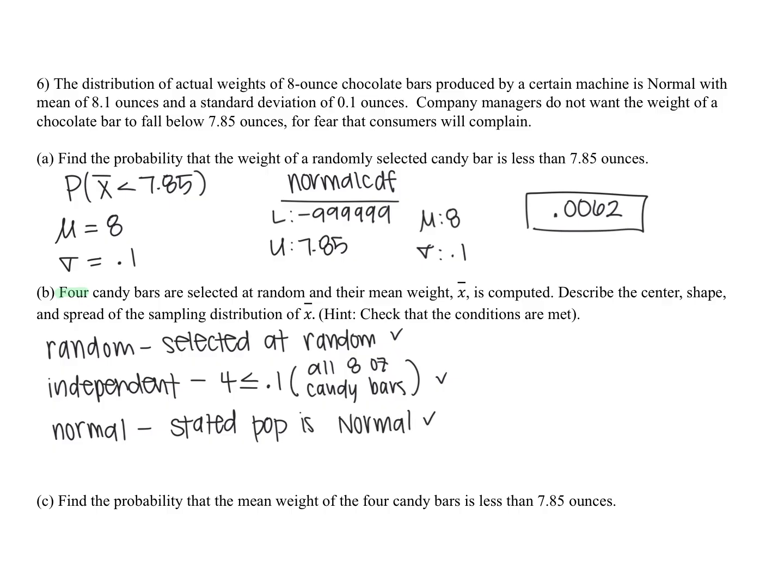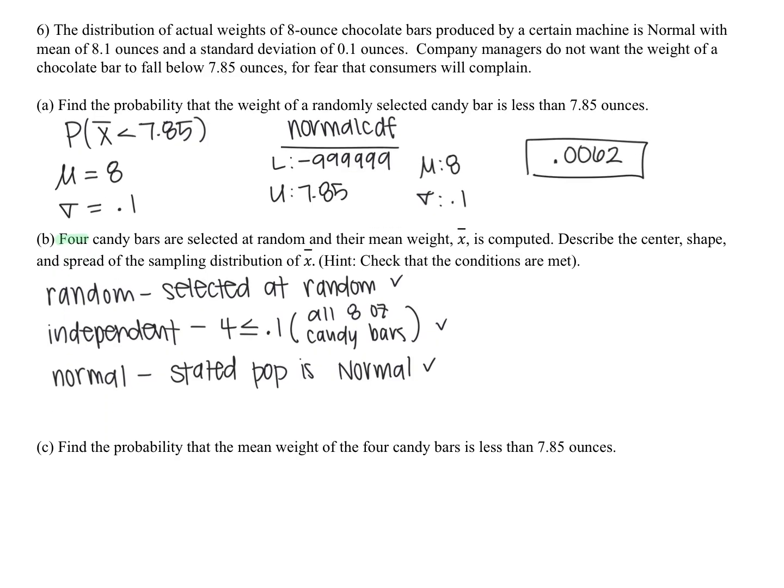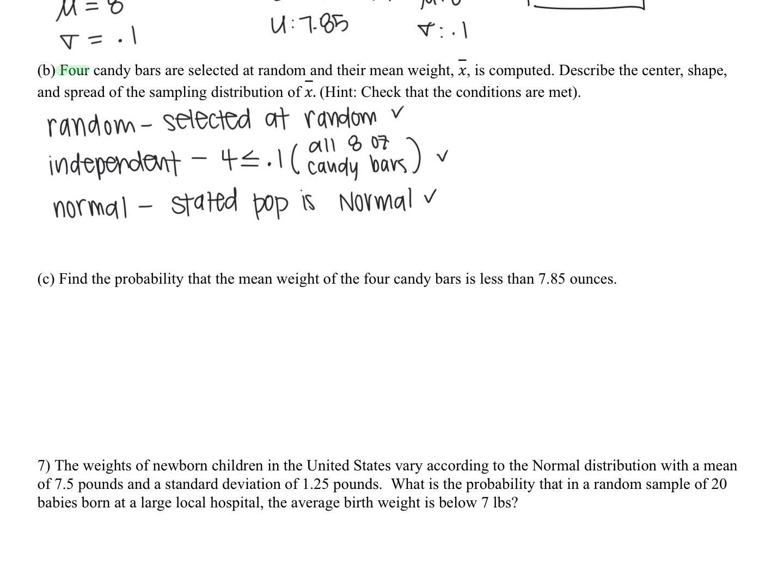Both can be true, but one of them has to be. So now we're going to recalculate our probability for our sample size of 4. The only thing that's going to change is our standard deviation. So we're still doing the probability that X bar is less than 7.85.